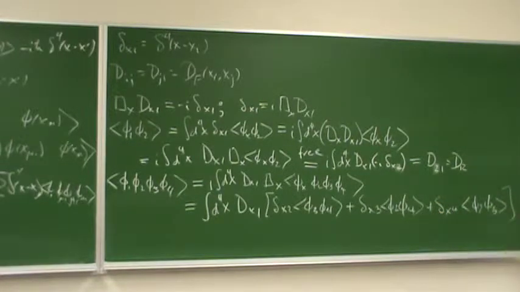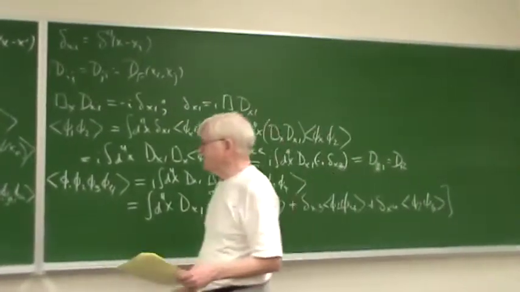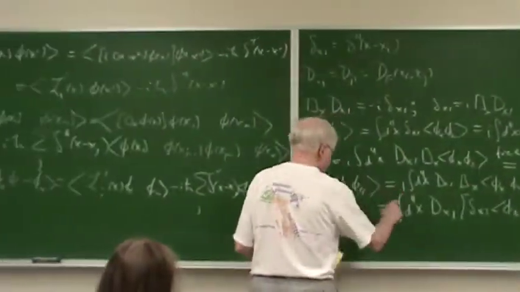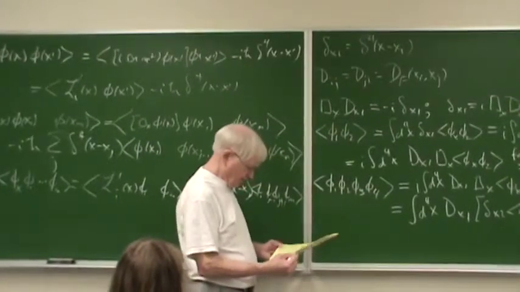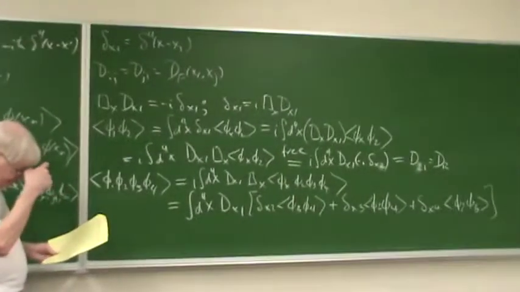All right, so that's the expression. How come there are plus signs and not a minus i? Well, we have an i here.